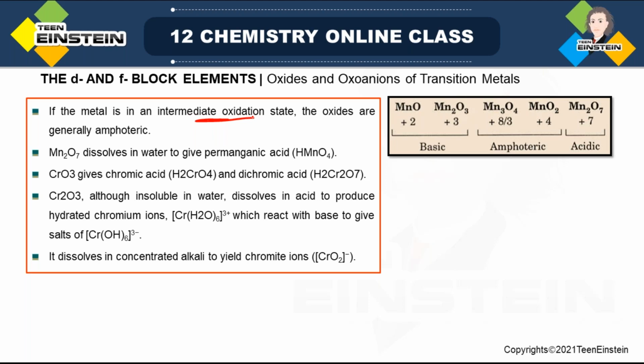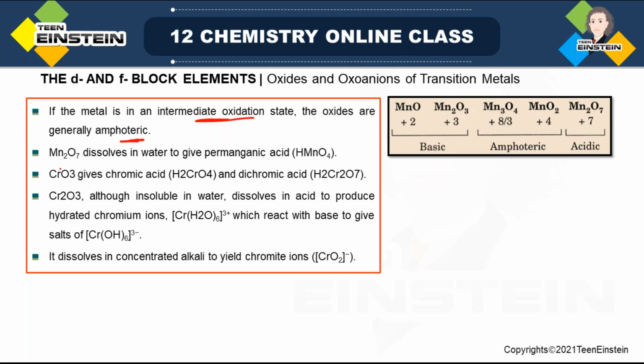When the oxidation state is intermediate, the corresponding oxide will be amphoteric in nature. If the oxidation state is very high, it will be acidic in nature. If the oxidation state is very low, it will be basic. So low oxidation state, basic; intermediate, amphoteric; and high oxidation state, acidic.